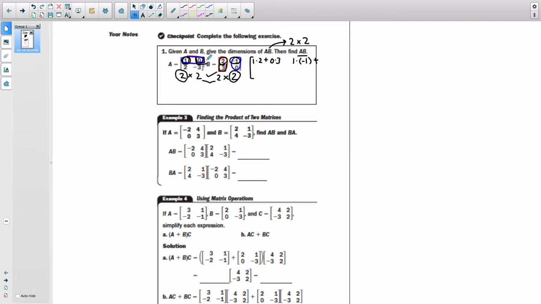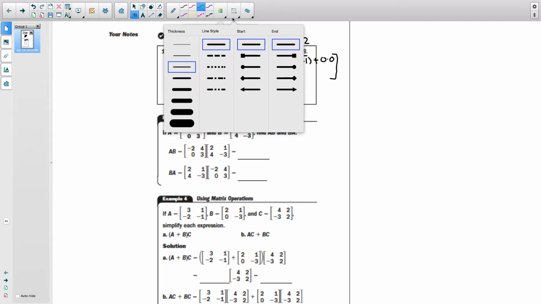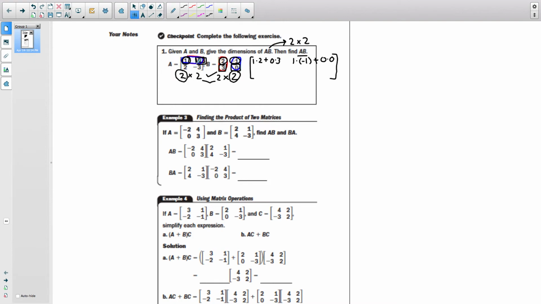And then second entry by the second entry. So 0 times 0. Okay. Now I'm going to move to the next row. So next row, which would be 2, -3 by the first column.